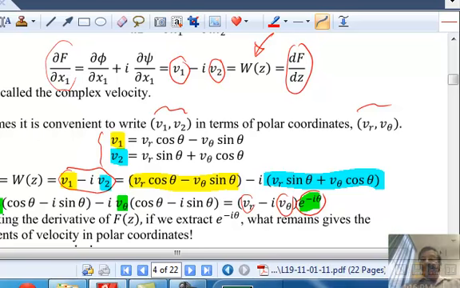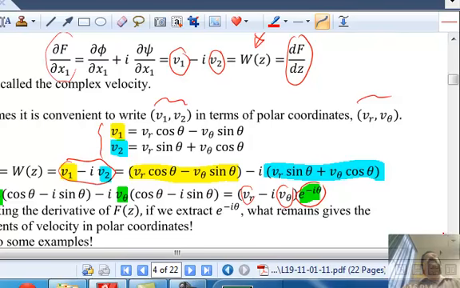Automatically meaning the interpretation is that its real part is vr and its imaginary part is v theta.